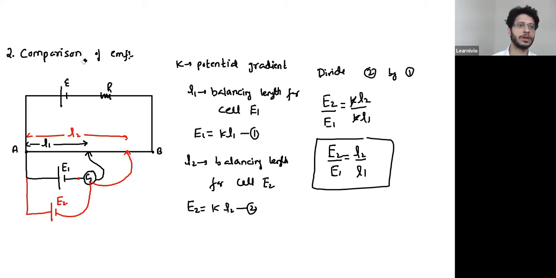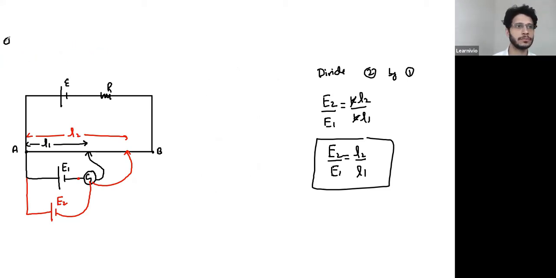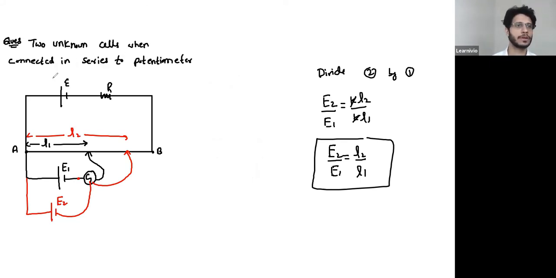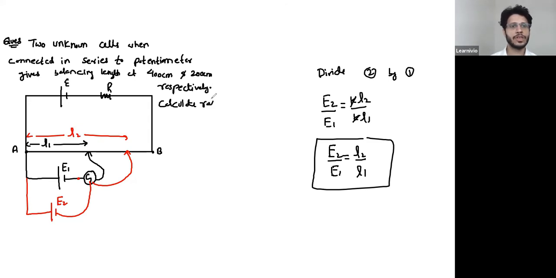So let's do a numerical on this concept. Basically cells are given in this manner. You have two cells, one of EMF E1, another of EMF E2, and they are connected in this way.